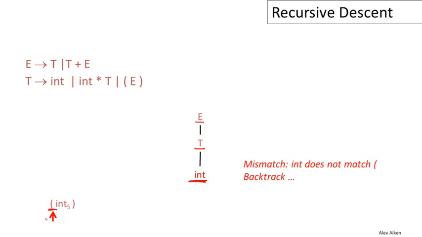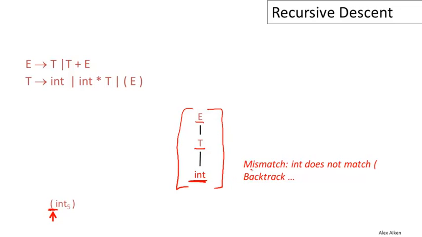And in this case, unfortunately, they're not. The int that we generated here doesn't match the open paren in the input. So clearly, this parse tree that we're building isn't going to work out. We're going to have to backtrack. That means we're going to undo one or more of our decisions, go back to our last decision point, and see if there's another alternative to try.